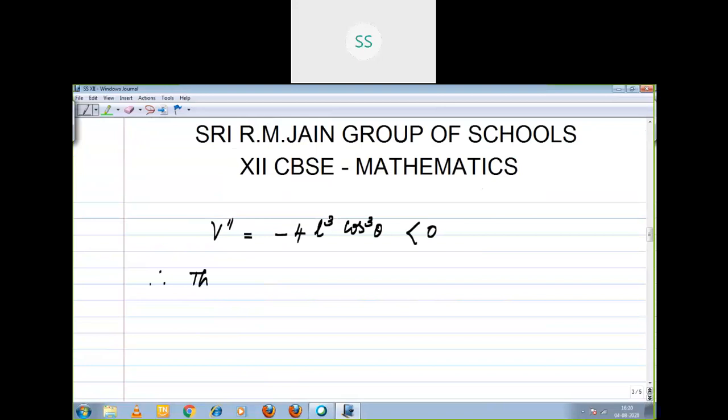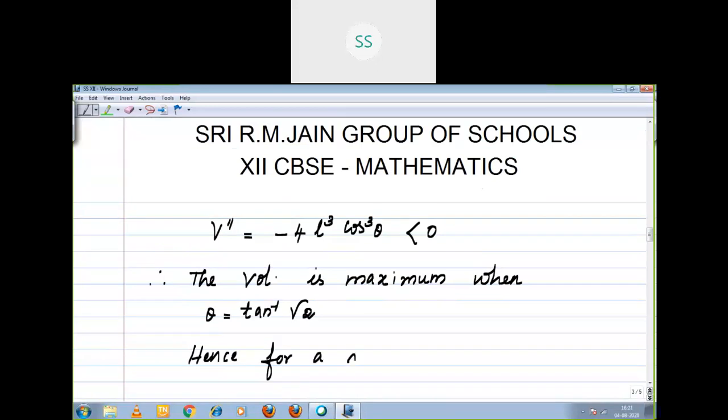Therefore, the volume is maximum. Volume is maximum when theta is equal to tan inverse root 2.